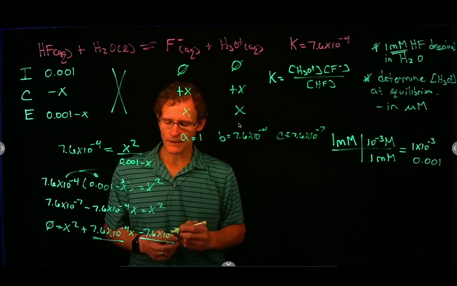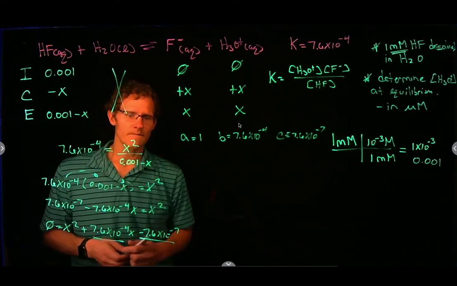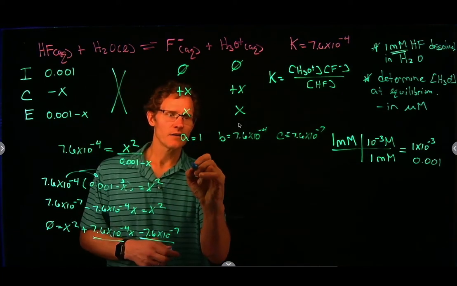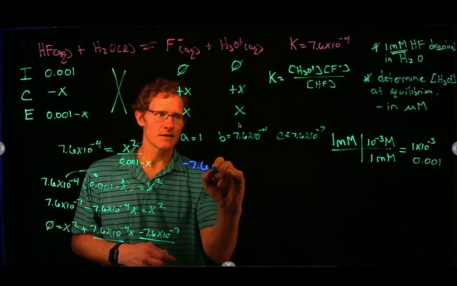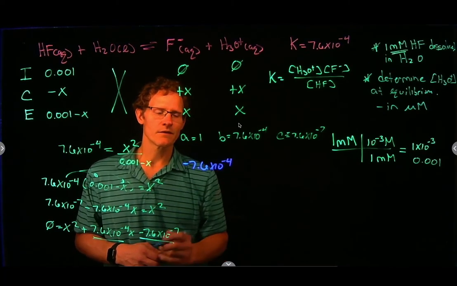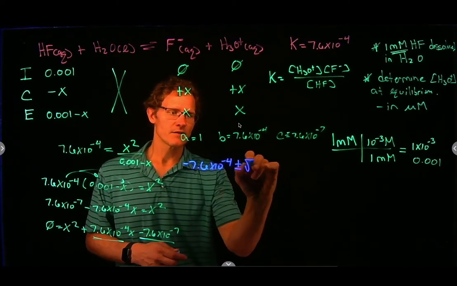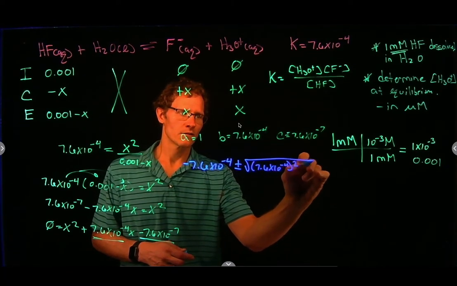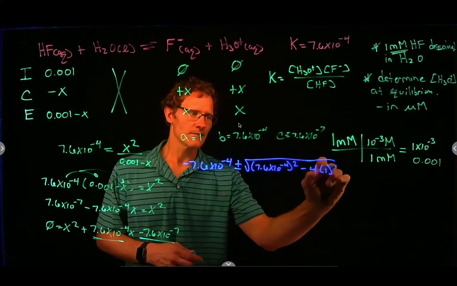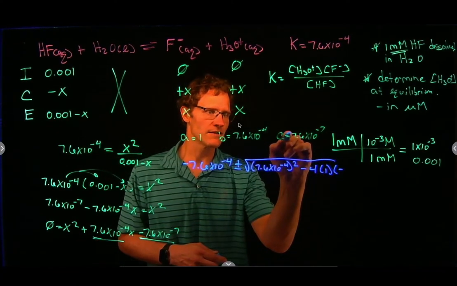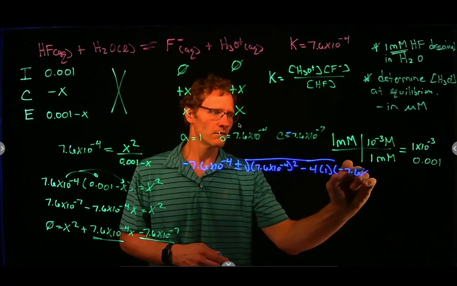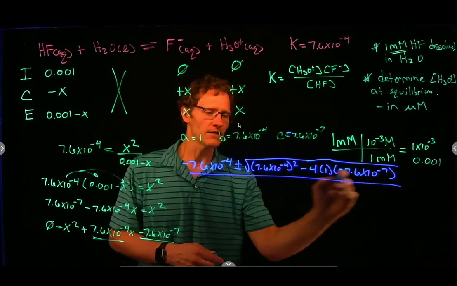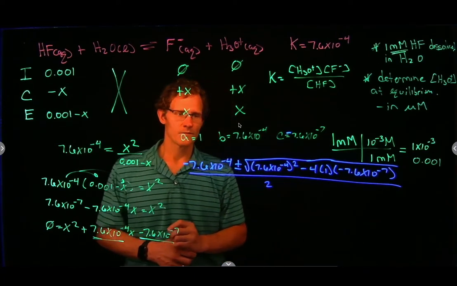Okay, let's go ahead and use the quadratic, and I'll switch colors here. So for the quadratic equation, we know it's negative b, so negative 7.6 times 10 to the minus 4th plus or minus the square root of b squared minus 4 times a times c. Remember there's a negative sign there. All over 2a, and a is 1, so all over 2.